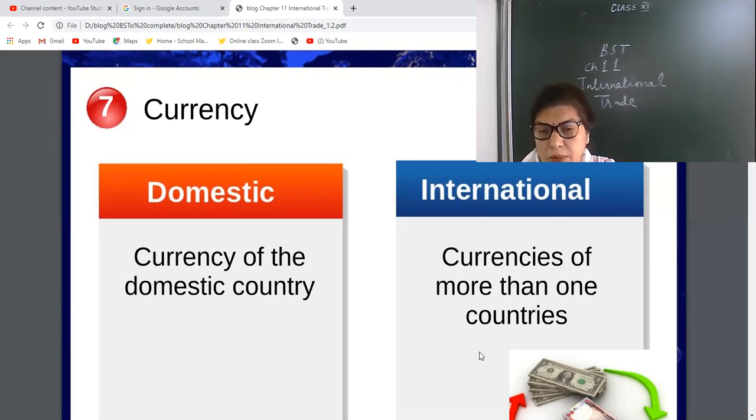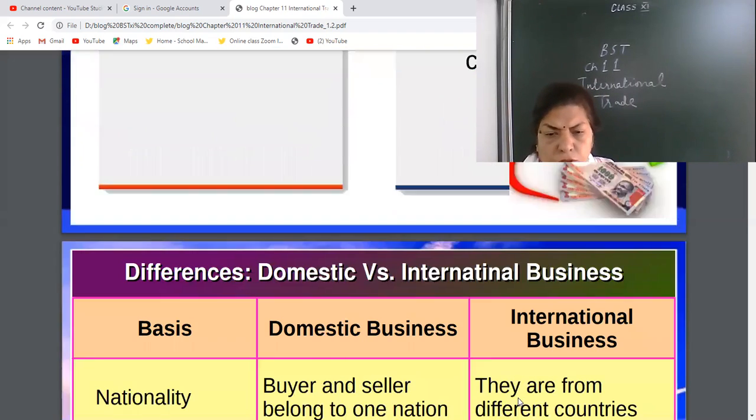But in international business, currencies of more than one country are involved. Like if an Indian is dealing with Dubai, then dirham is required. If you go to China for international business, you will require yen. And in Europe too. So in international business, generally currency of more than one country is involved.